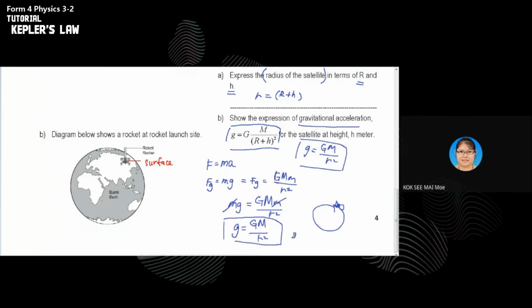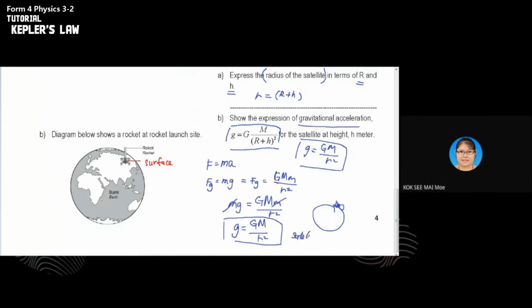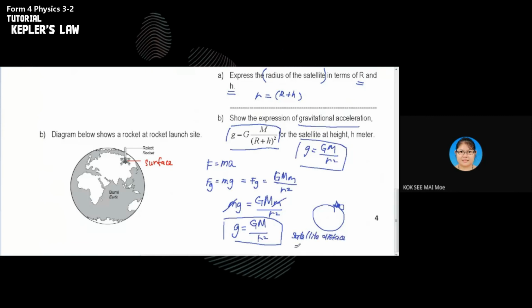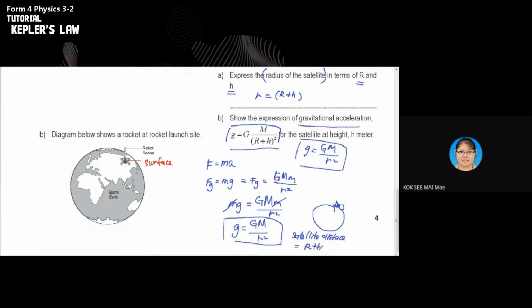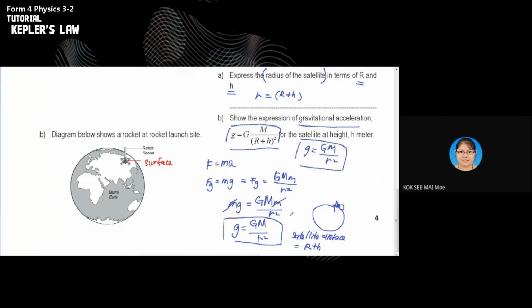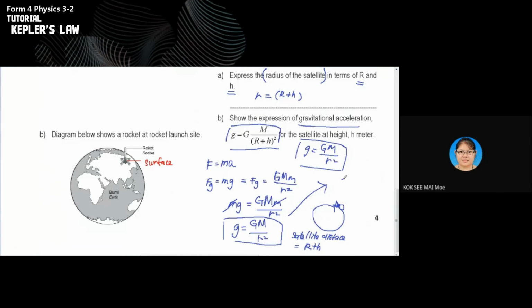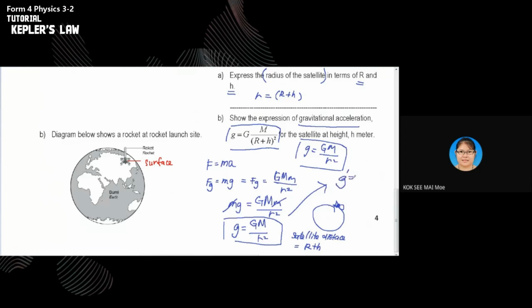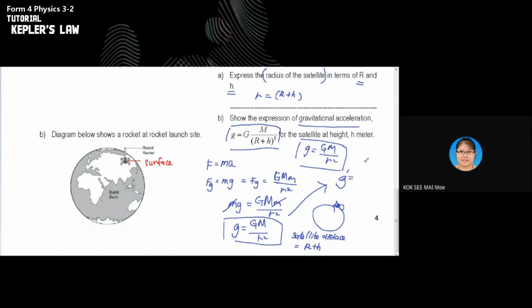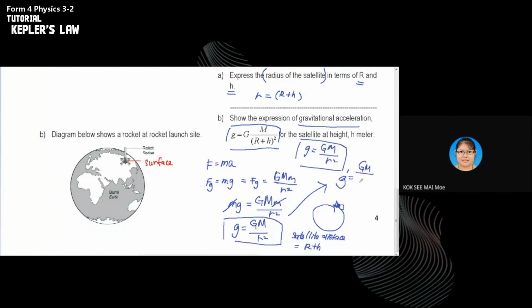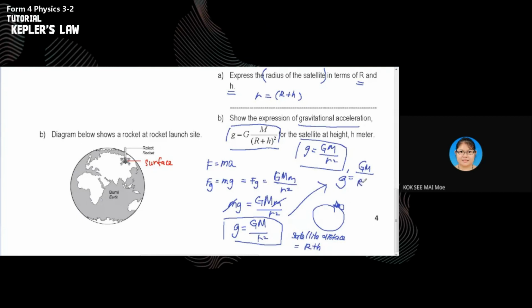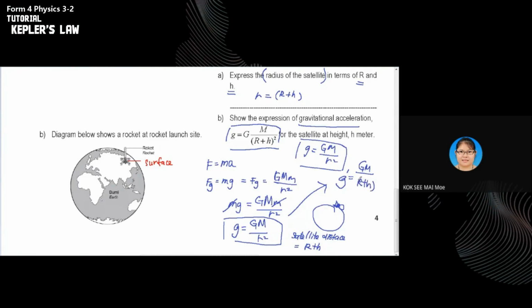Now the satellite distance is equal r plus h. So that means in conclusion, I can write the equation now. g for the acceleration due to gravity now is GM over (r plus h) squared.